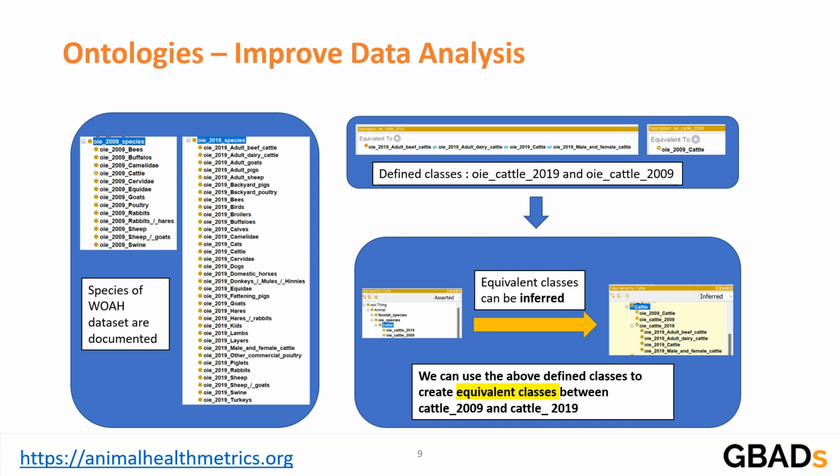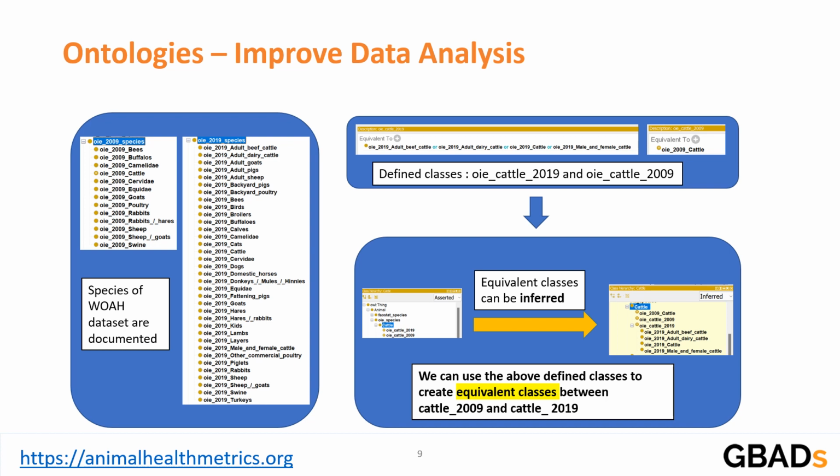For year 2009, it has only one cattle species. However, in year 2019, it is a combination of adult beef cattle, adult dairy cattle, and male and female cattle.